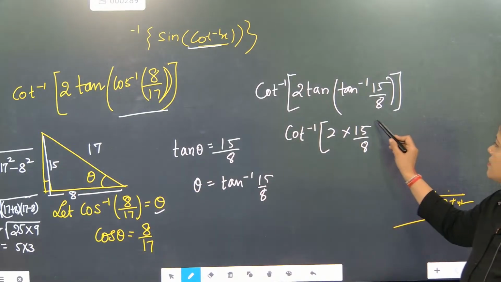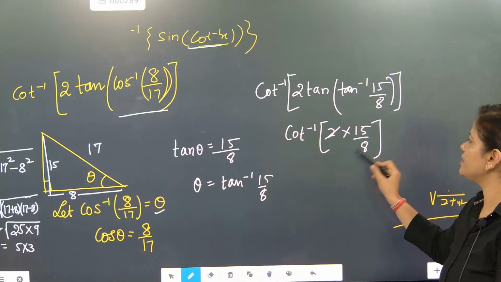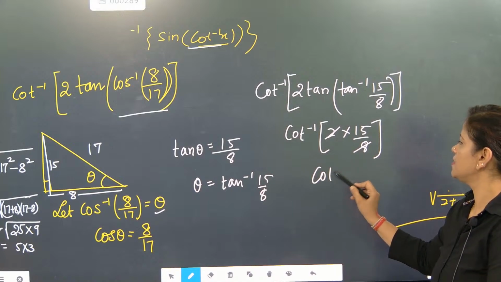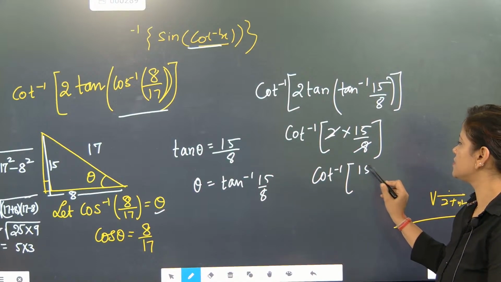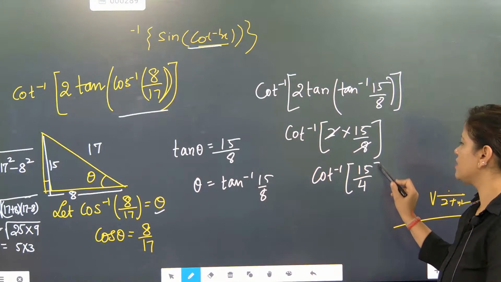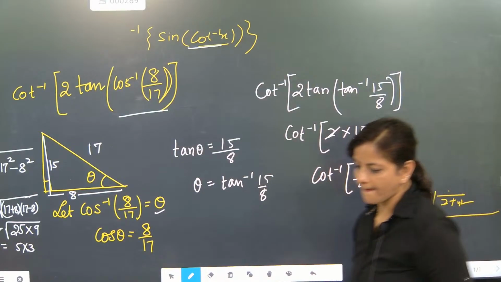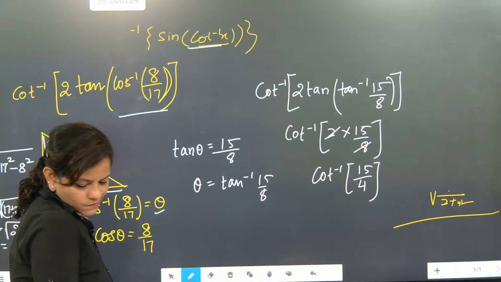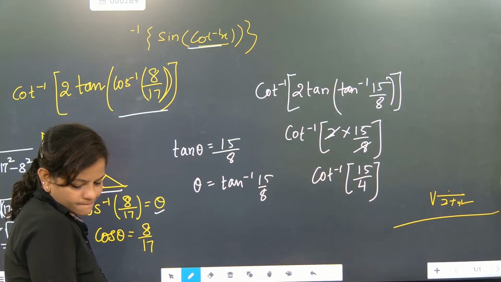Correct? So what value will come, beta? Cot inverse 15 by 4. Okay? Correct.